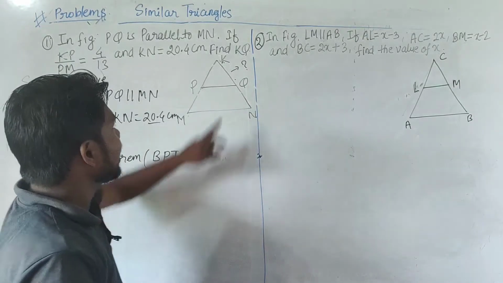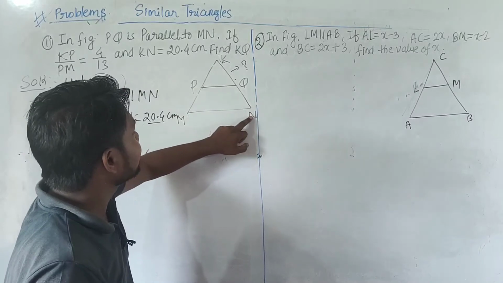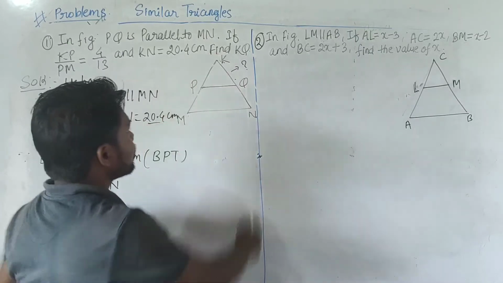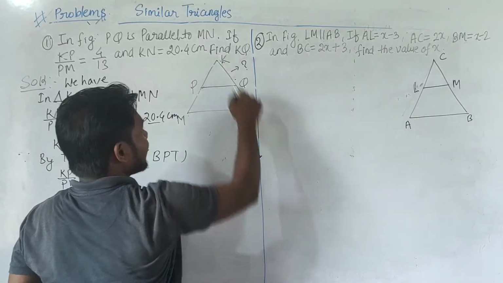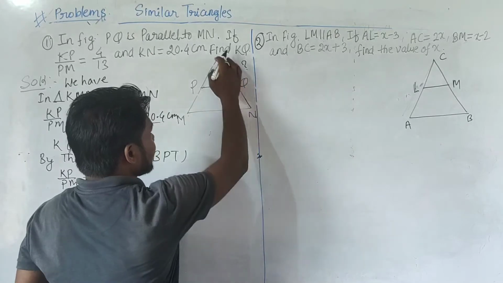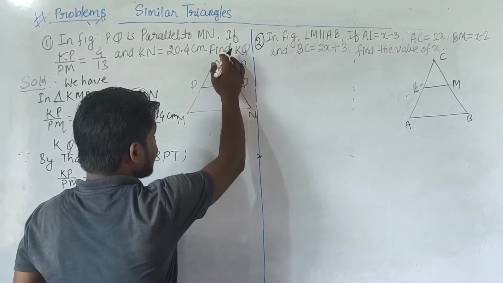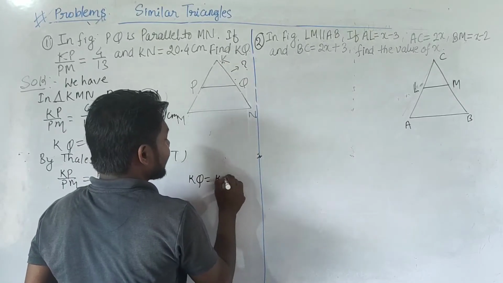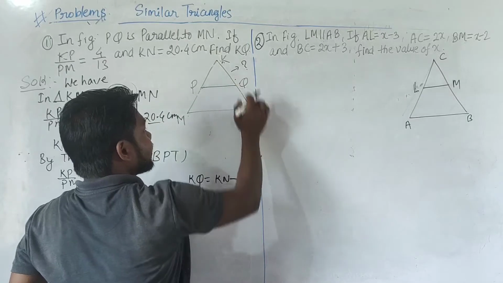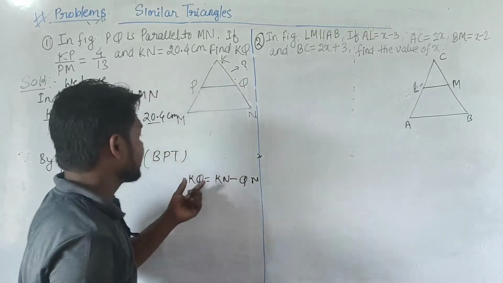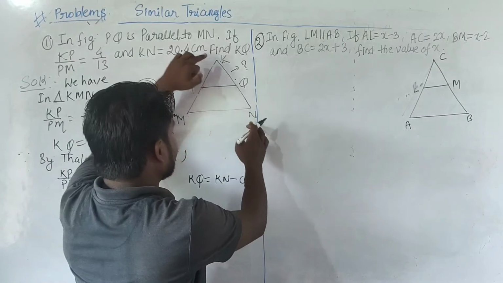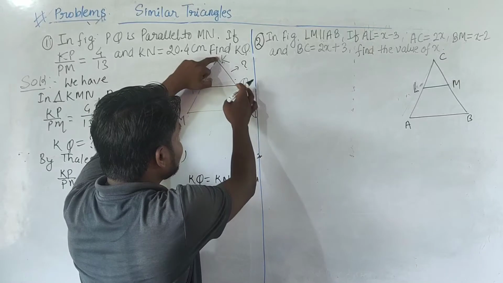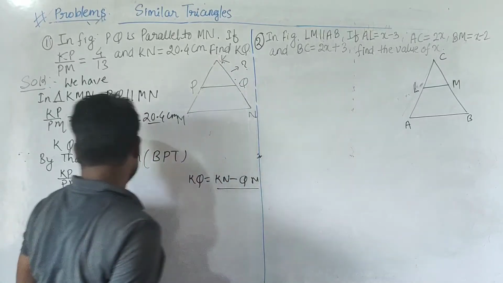Now, because KN is given and KQ is to be found out, KQ can be written as KN minus QN, right?